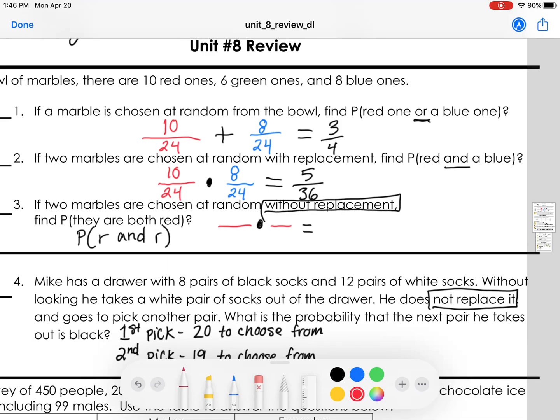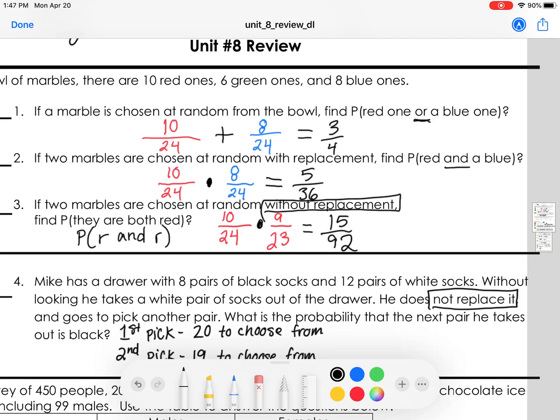The first time I draw, I have a 10 out of 24 chance. But when I draw that marble and it's red, I hold it out, and so then I only have 9 out of 23 remaining that are red. When I multiply those together, I get a 15 out of 92 chance that I will draw 2 reds in a row without replacement.